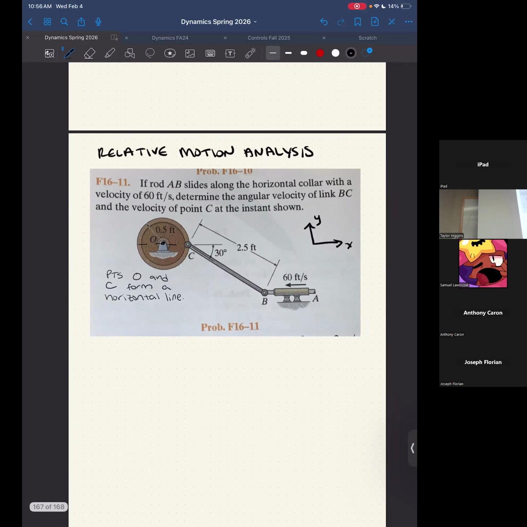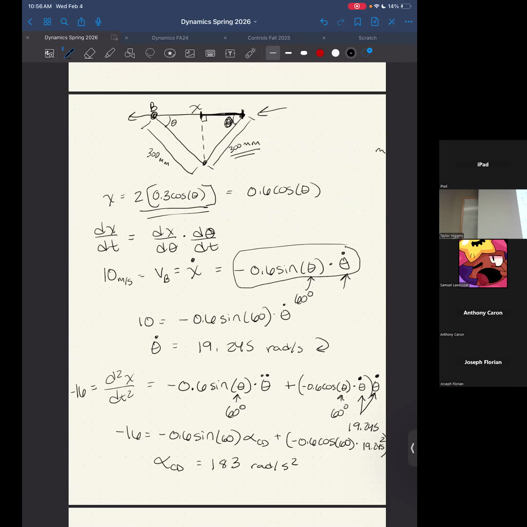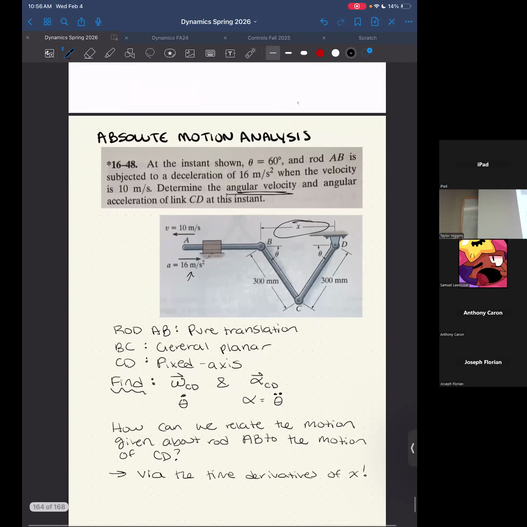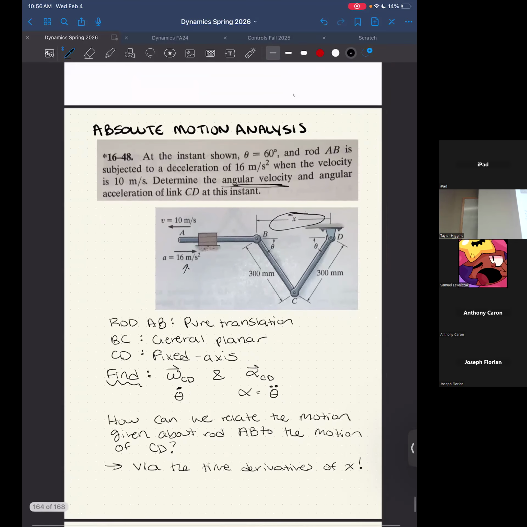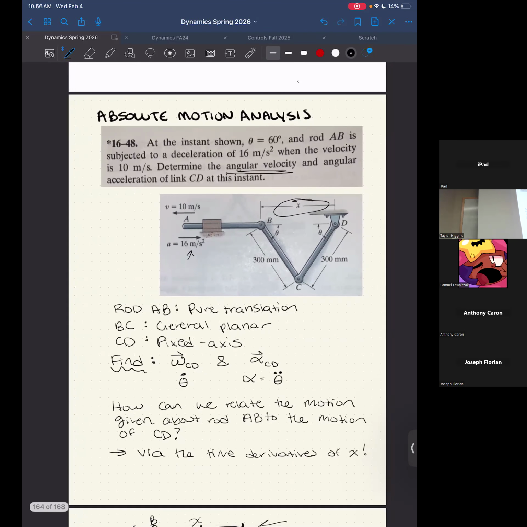I have a question about the last problem. Still questions about the last problem? Okay. Yeah, they want us to give the vector quantities of omega and alpha. They don't make that very clear, to be honest. Would we just say in the u hat theta direction or something?